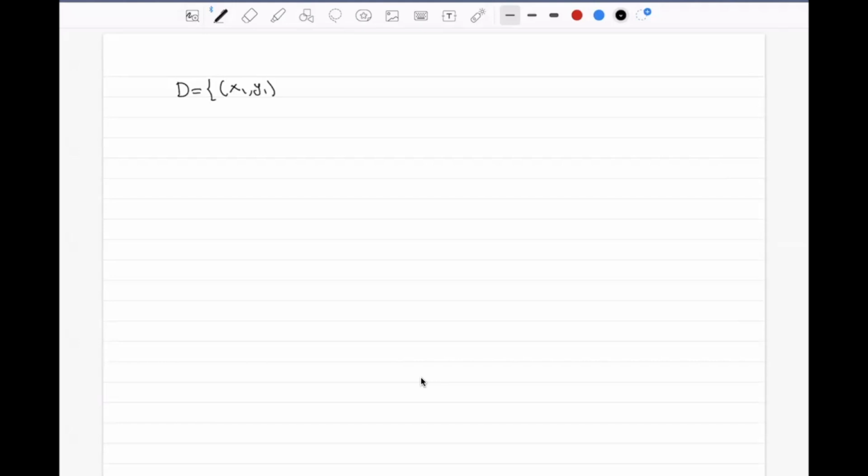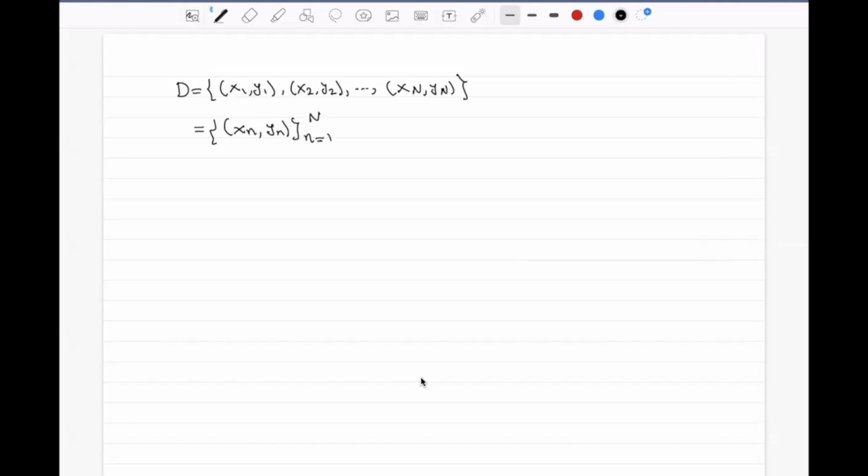So this is our first observation that we have. Then this is our second one, and we have x_n, y_n, and for simplicity, we can just index this using small n, where n goes from 1 to uppercase N.